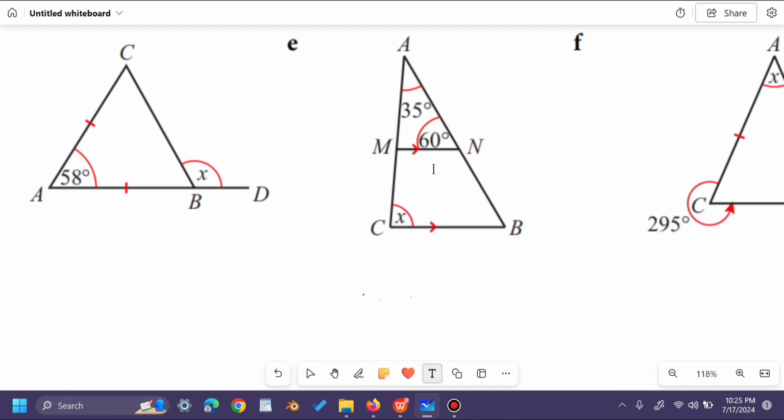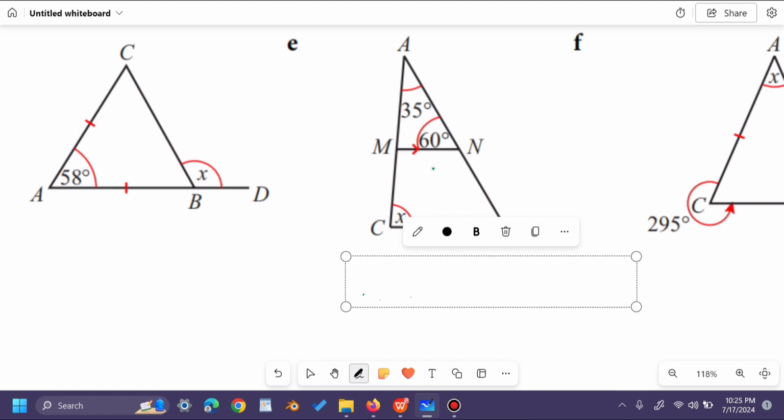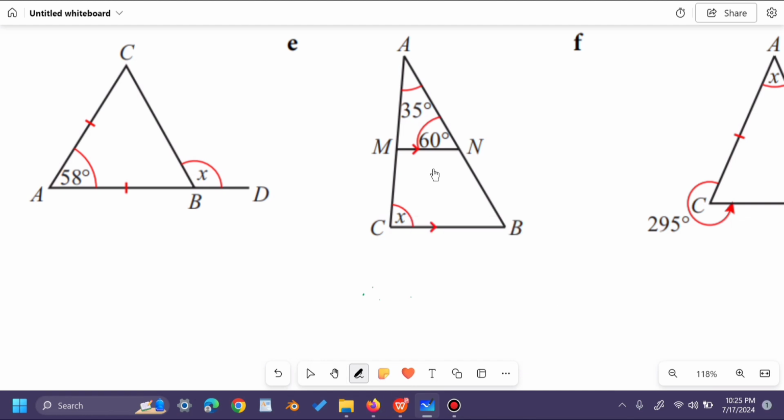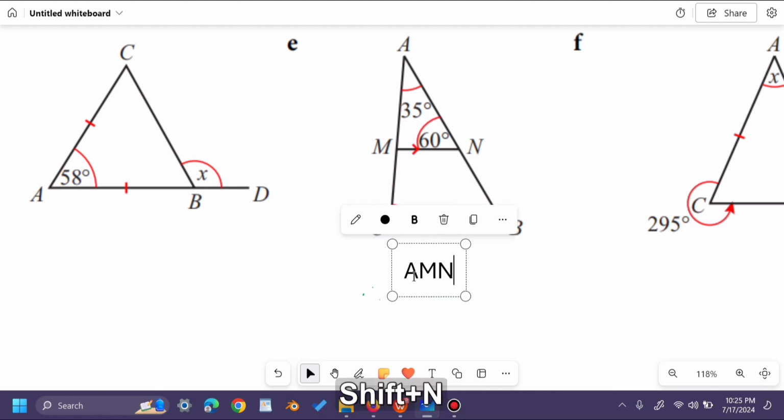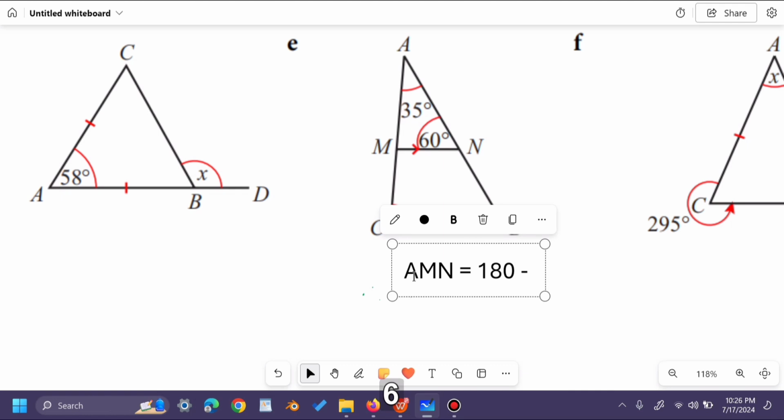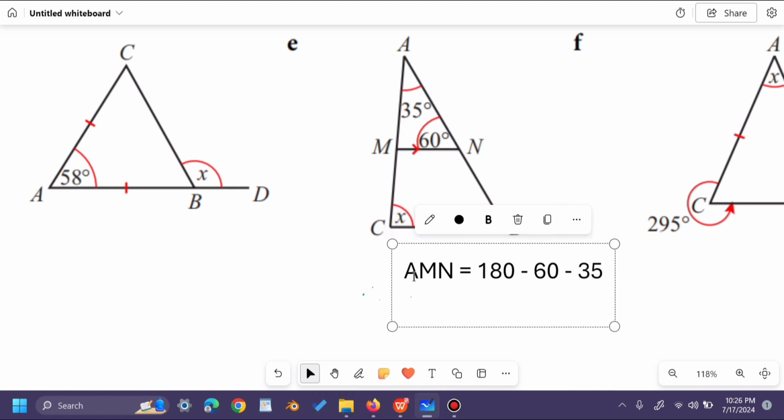So angle AMN is equal to 180 minus 60 minus 35, the sum of angles in a triangle. It is going to be 85 degrees. So this marked angle is going to be 85 degrees.